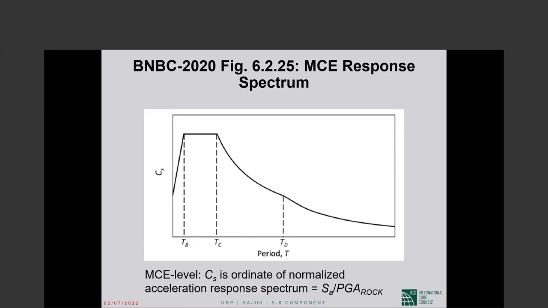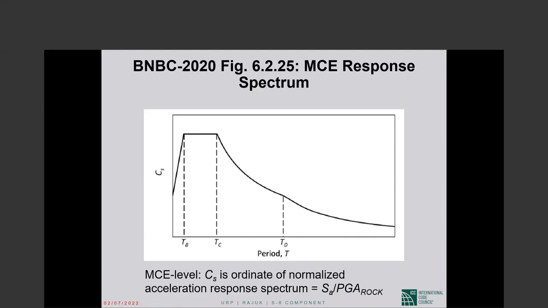In BNBC 2020, when it is MCE level, as the title tells you, MCE level C sub S is S sub A divided by PGA, peak ground acceleration on rock.